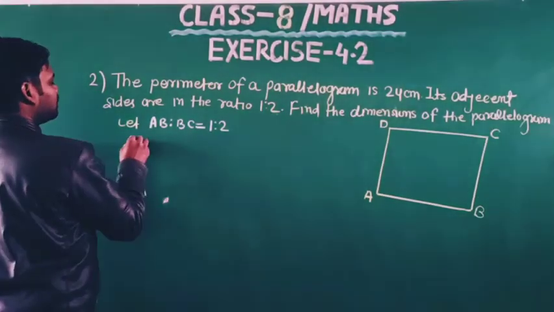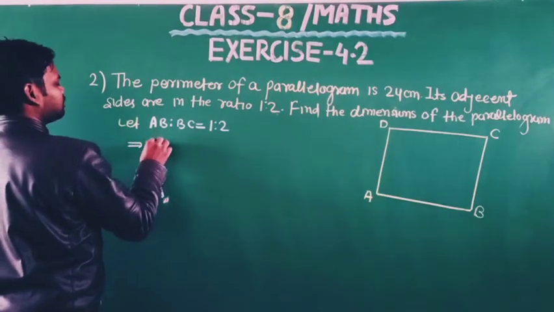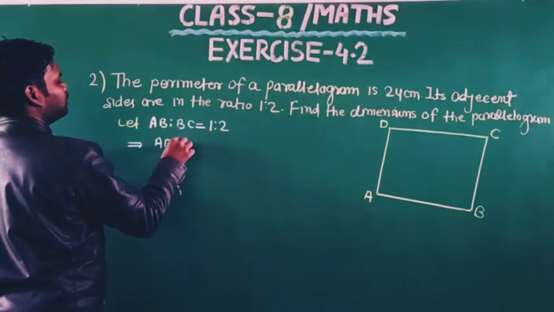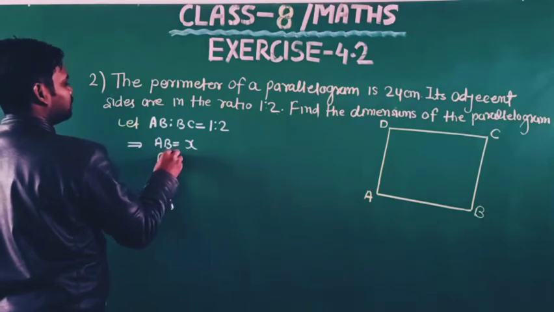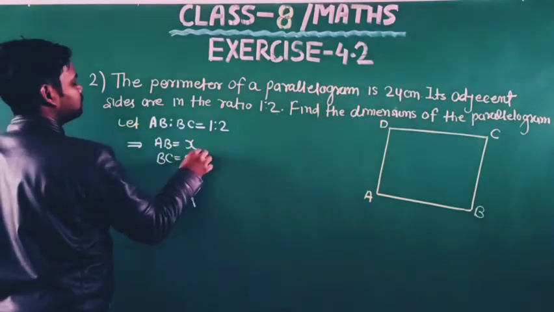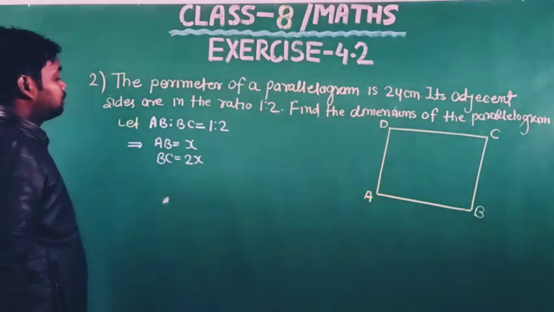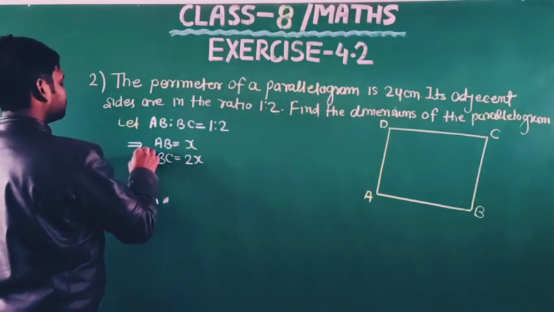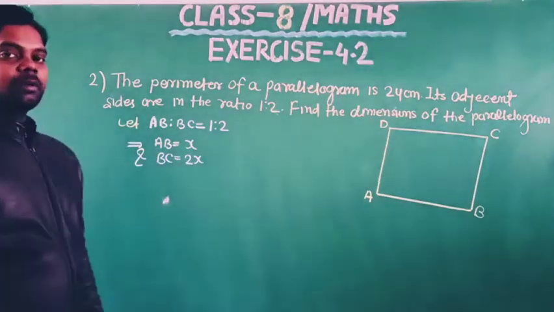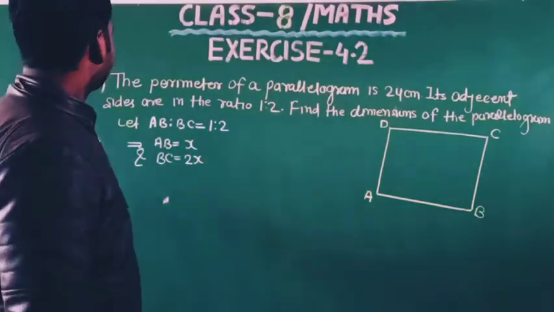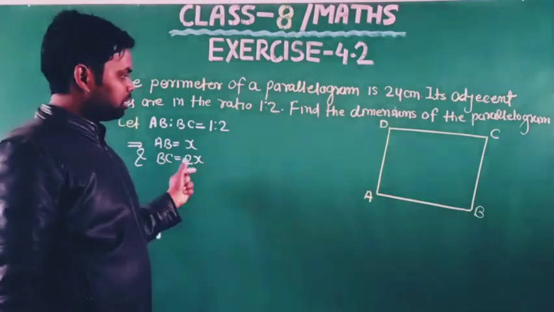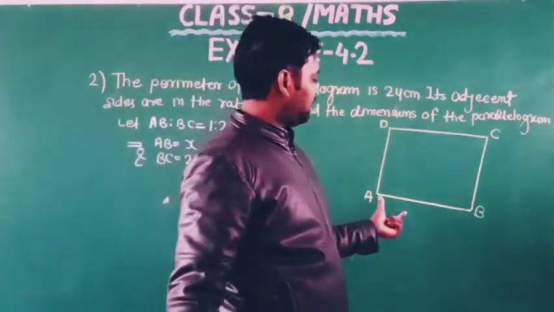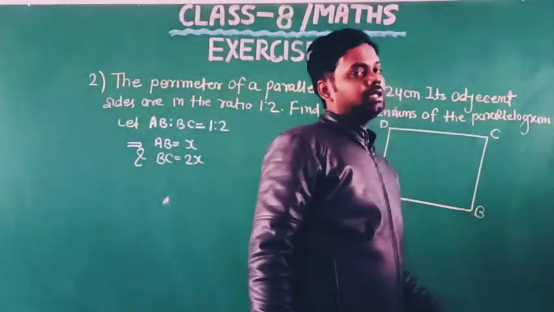So this implies AB equal to x and BC equal to 2x. This is the length of sides AB and BC.